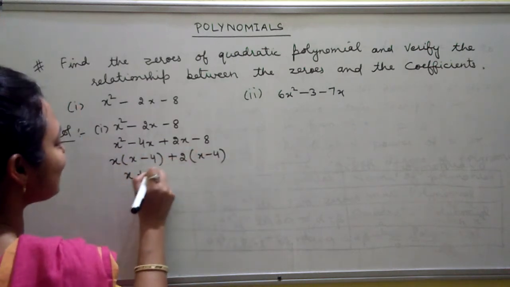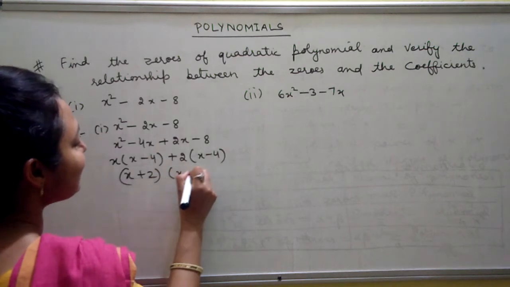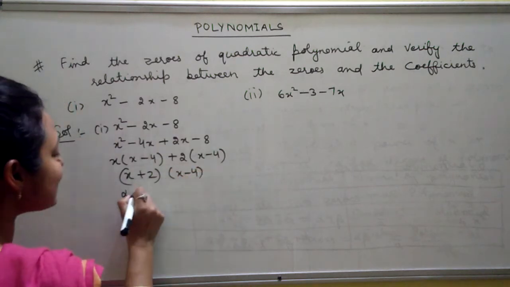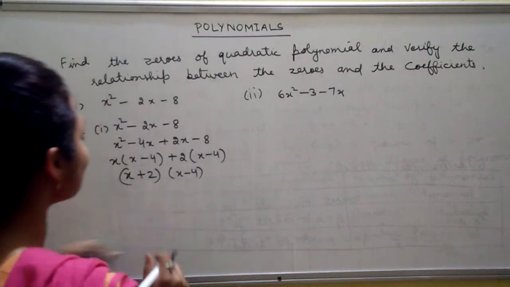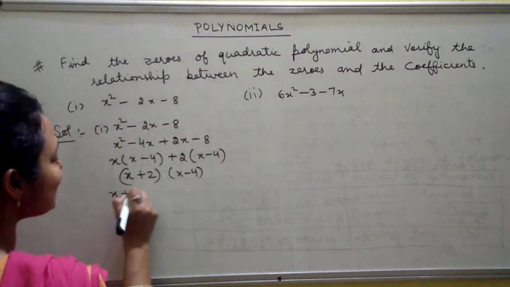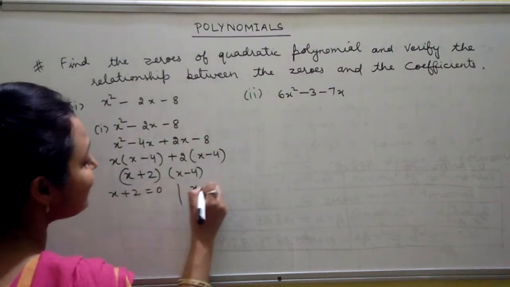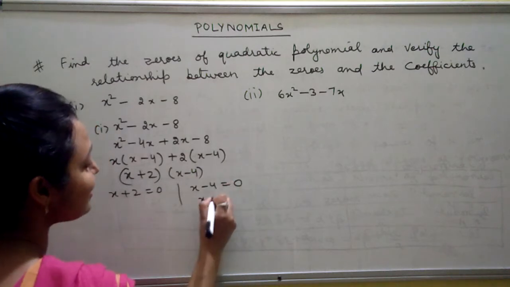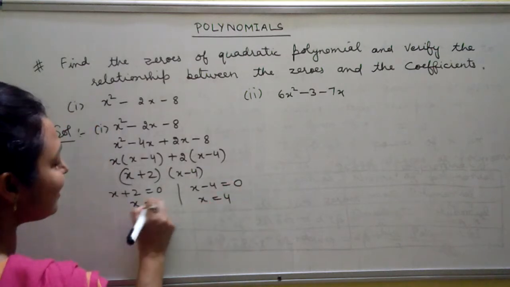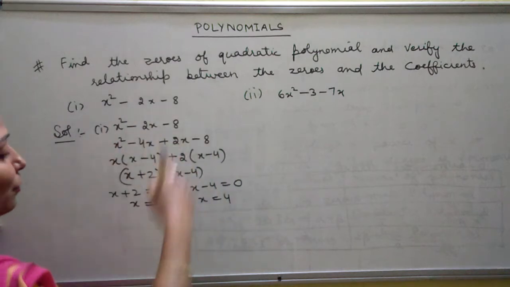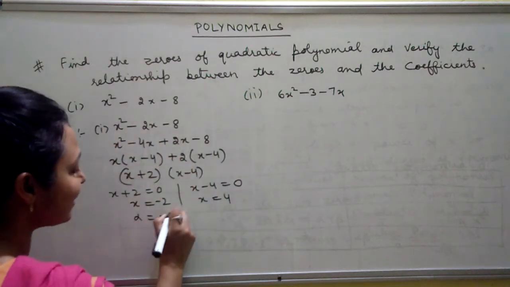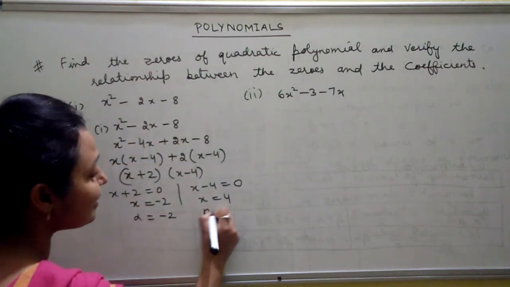So we get x plus 2 and x minus 4. How do we get alpha from this? X plus 2 equals 0 and x minus 4 equals 0. X equals 4 and x equals minus 2. So there are two zeros of this polynomial. Alpha is minus 2 and beta is 4.